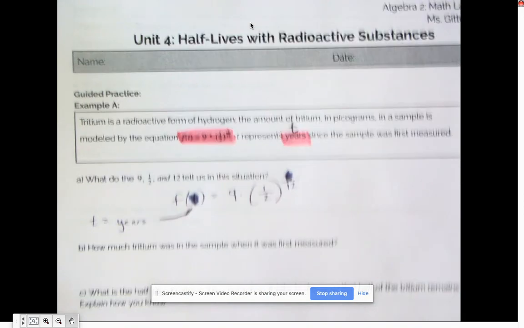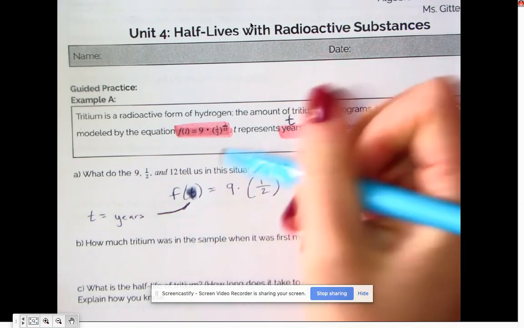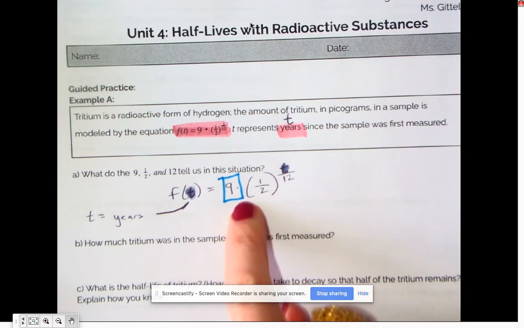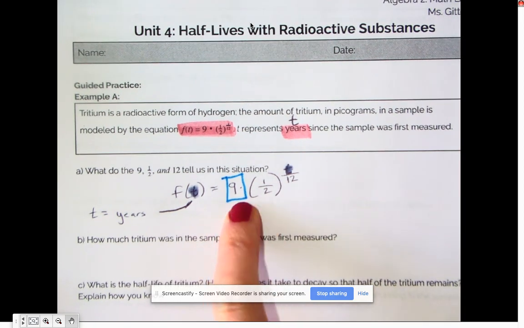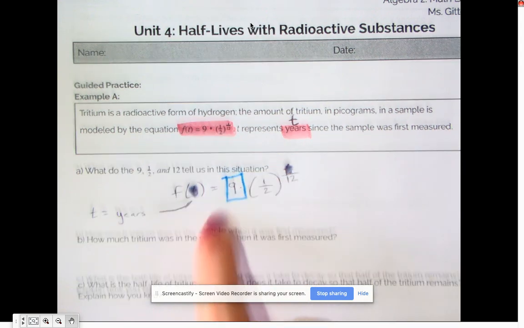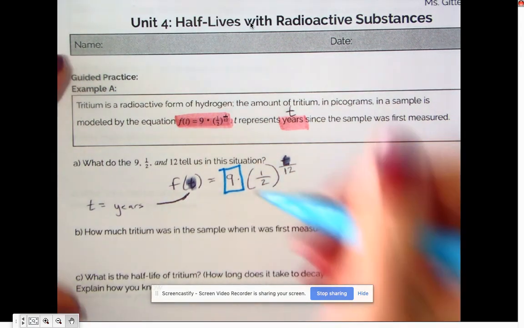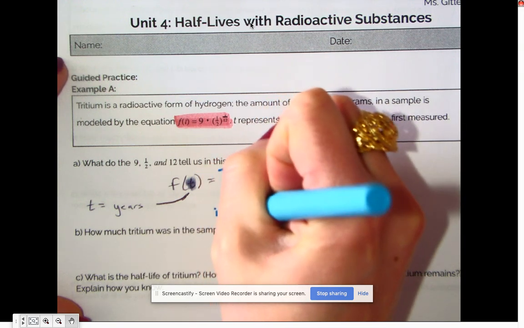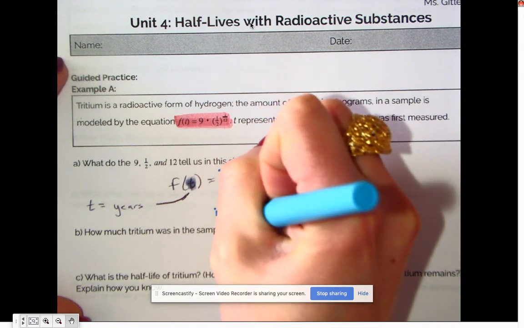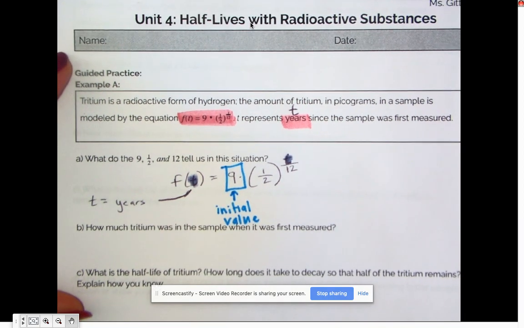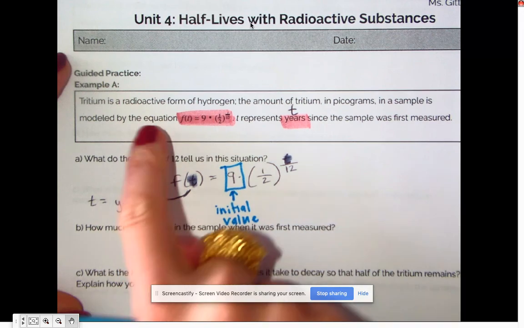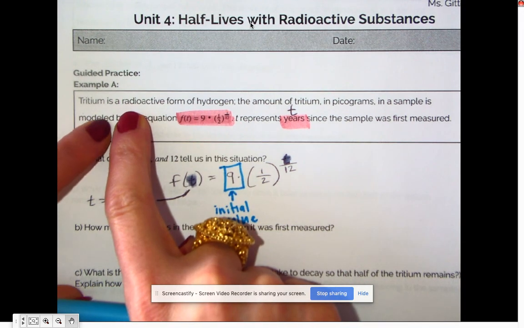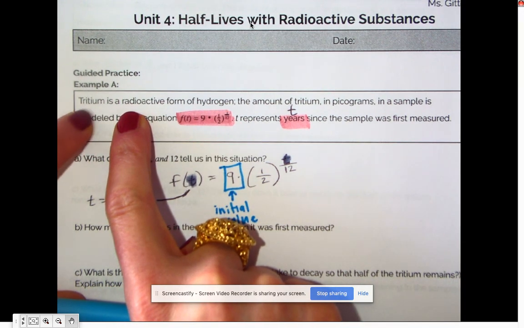Okay, what does the 9 represent? So the 9 is going to be the initial value because it's the kind of the coefficient in front of this growth rate. So 9 is going to be the initial value. In this specific case, we could go farther and say it's the initial value, the initial amount of tritium.